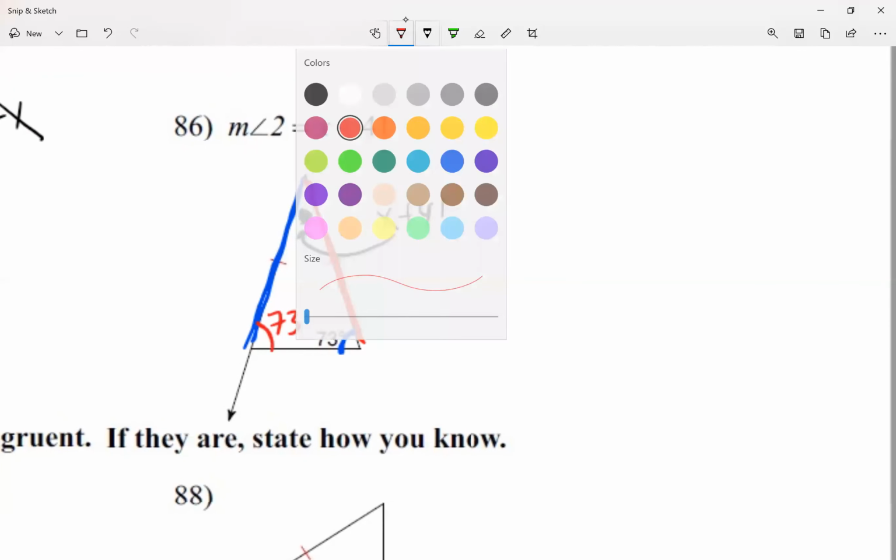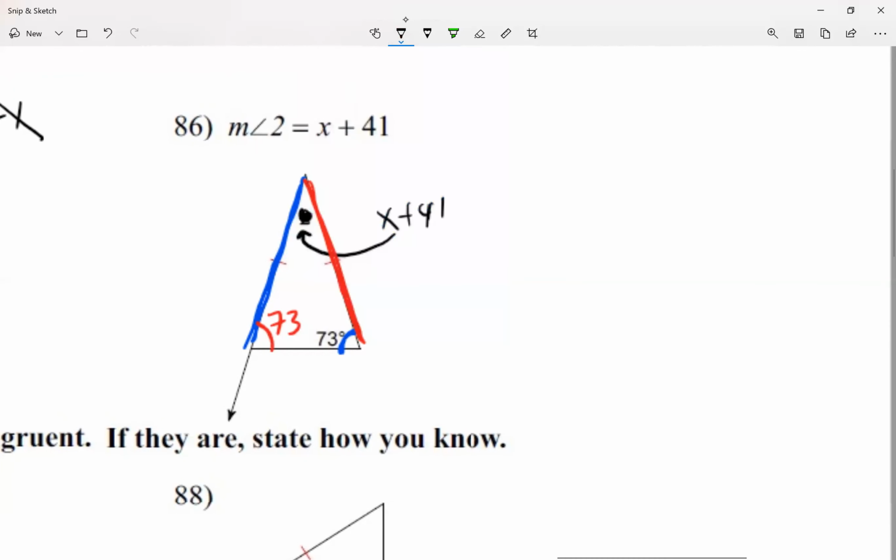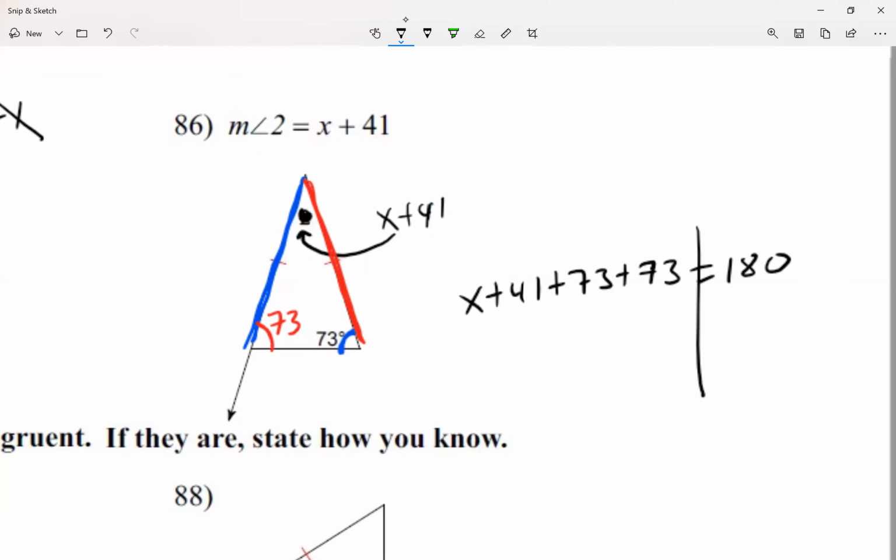I see that I have information for all three angles. Now remember, on the triangle, if I add all three angles, so let me add that, x plus 41 plus 73 plus 73, it's equal to 180. All right, let me condense the left side. When it comes to letters, I just have x. When it comes to numbers, 41 plus 73 plus 73, that's 187.